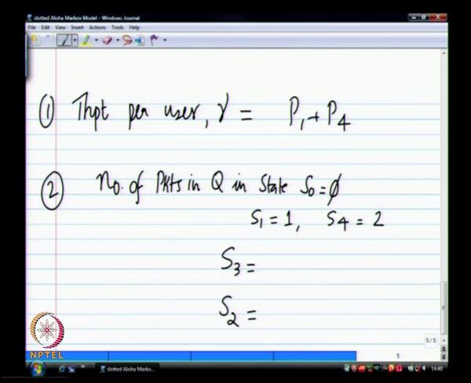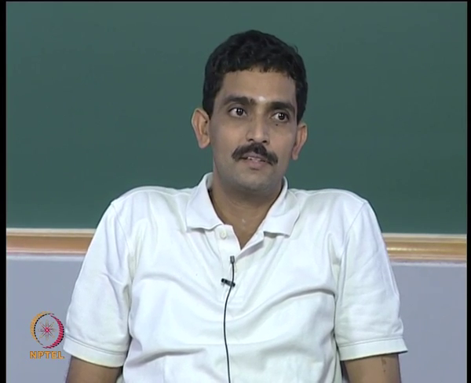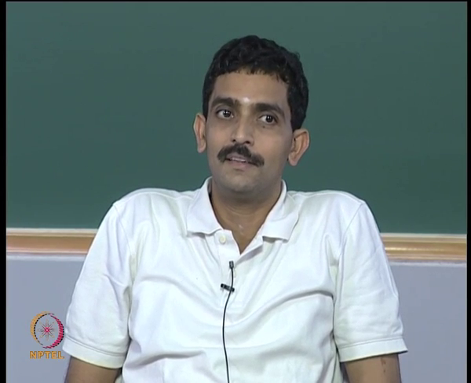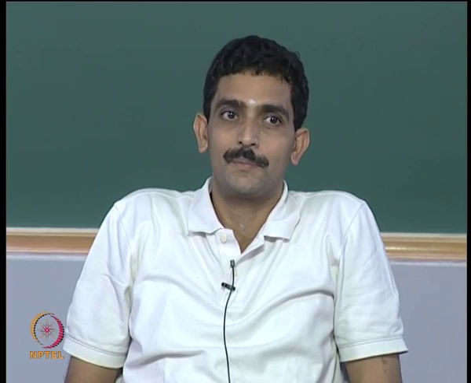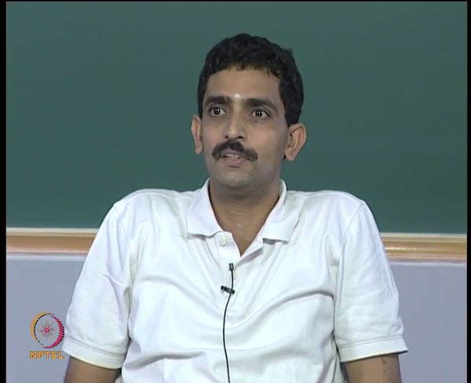So what will that be? S3 could be 1 is there, 1 plus the probability of there being at least one packet. So basically 1 plus 1 minus theta 1. In the other case it is 1 plus 1 minus theta 2. So 2 minus theta 1, 2 minus theta 2.